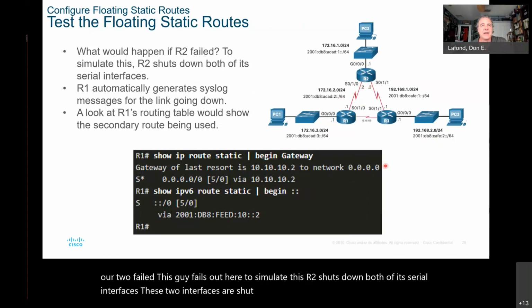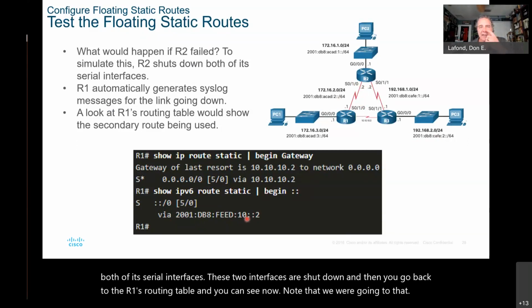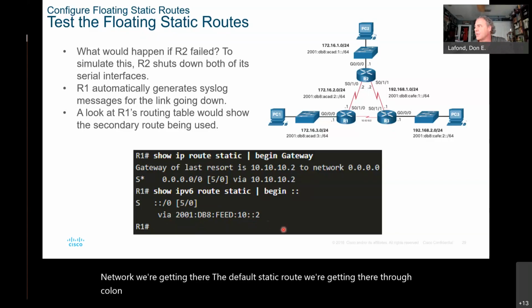And then you go back to R1's routing table, and you can see now that we're going to that network. We're getting there by the default static route. We're getting there through 10.10.10.2, and this is the 10 network.